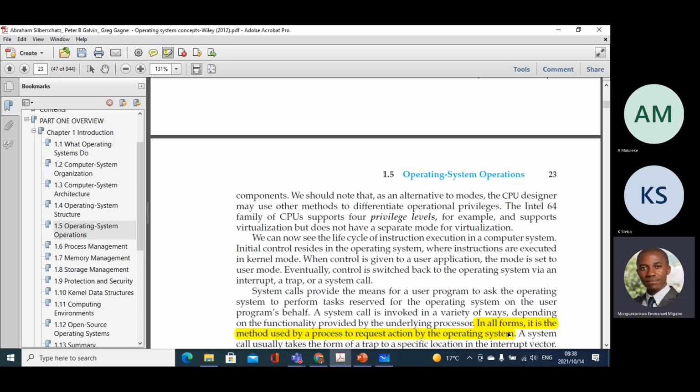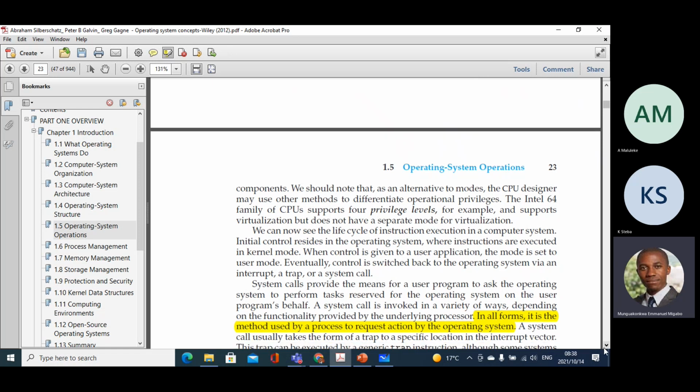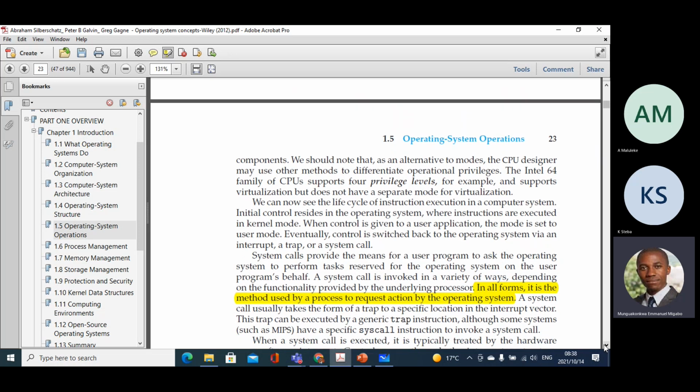So it is the method that is used by a process, meaning a user application, to request action by the operating system. A system call usually takes the form of a trap to a specific location in the interrupt vector.